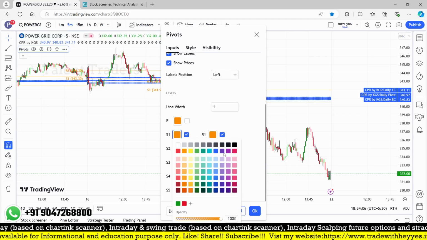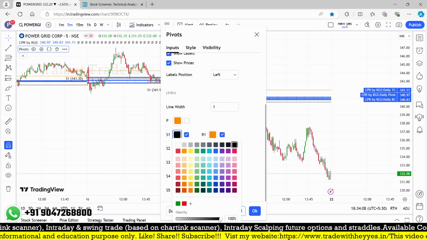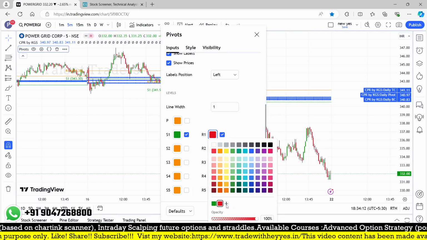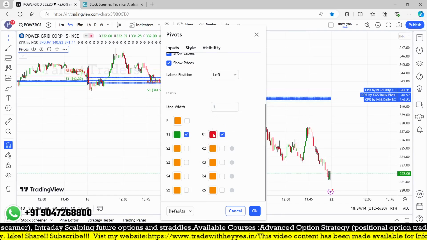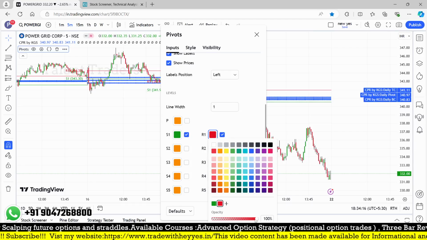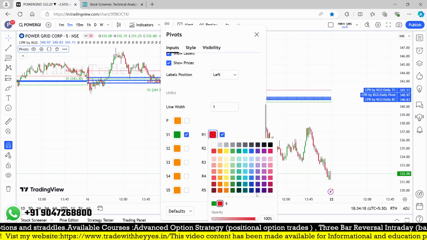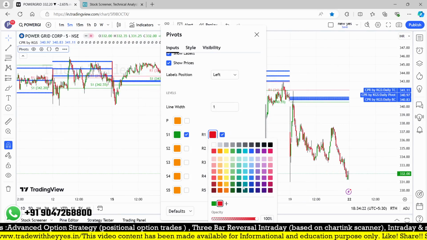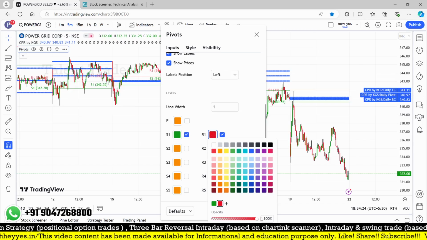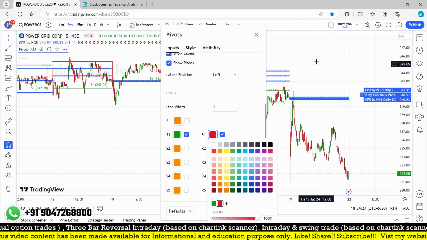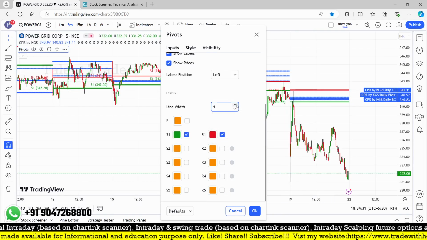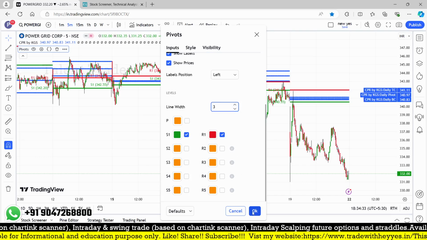So here I should change the color slightly, or we can use a green color, and for this one we can use a red. Let me bold it. Okay, perfect.